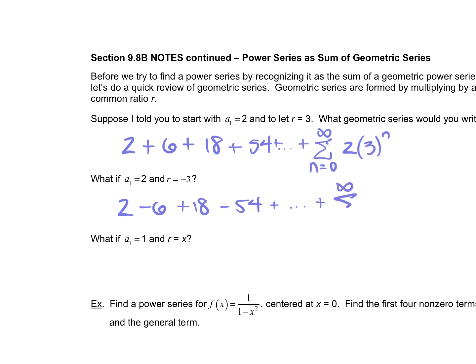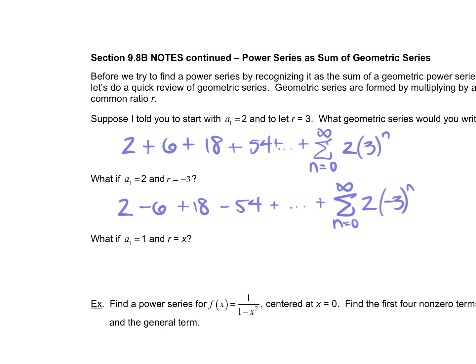Plus, how would my general term change? 2 times negative 3 to the n. You could separate it out as a negative 1 and keep the 3, but in geometric, we generally leave it in with the r.